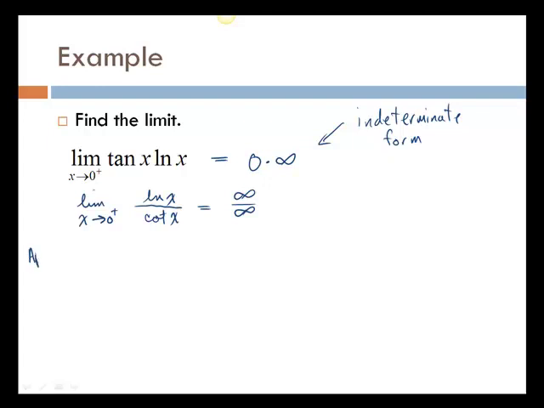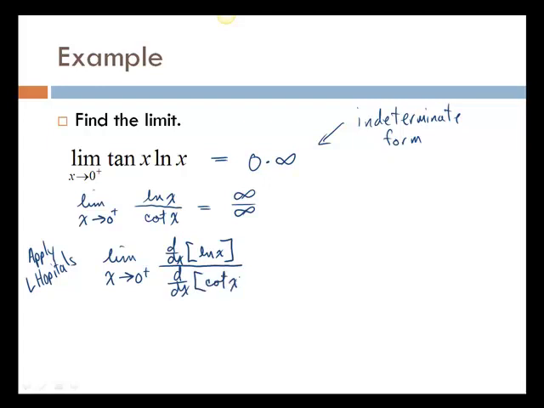So if we apply L'Hopital's now, we're going to take the limit as x approaches 0 from the right of the derivative with respect to x of the natural log of x all over the derivative with respect to x of cotangent x.